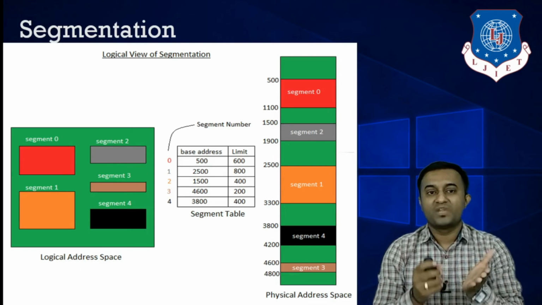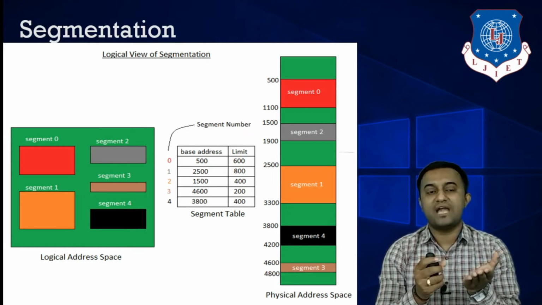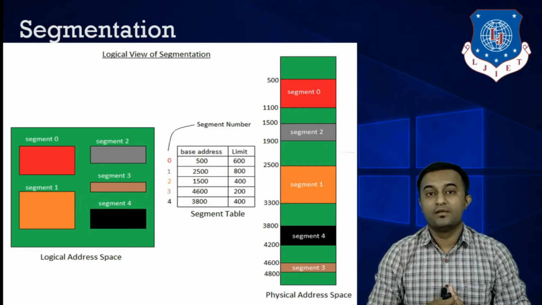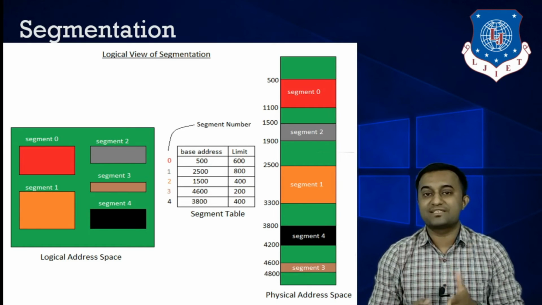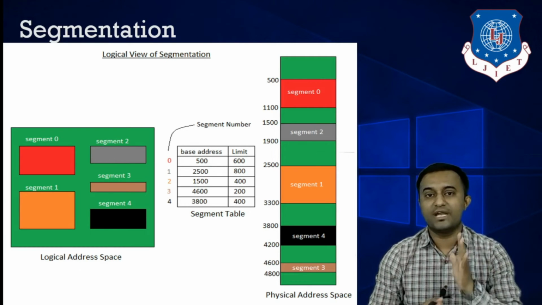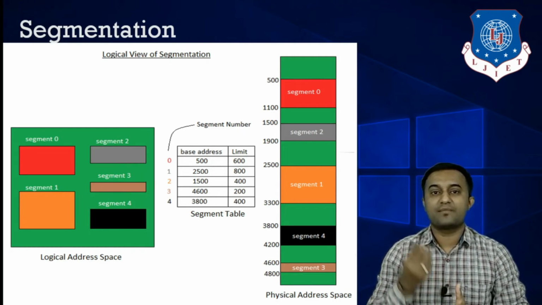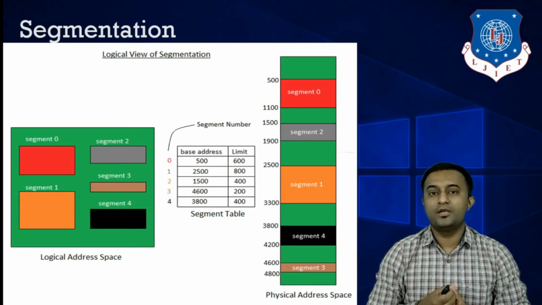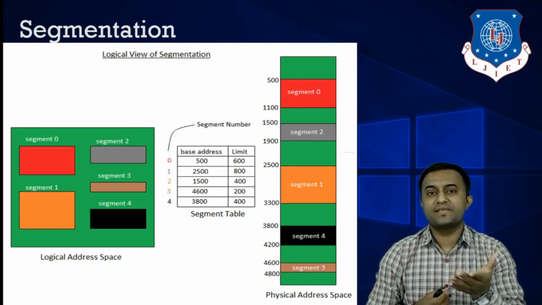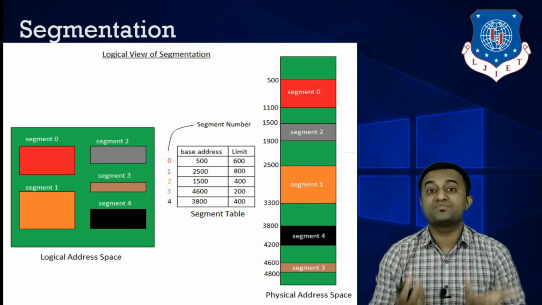Clear? So these various segments starting from 0 to 4 need to be loaded into main memory. Then these segments can be executed with the help of CPU. So first of all, you need to load those segments. Segments can be loaded into the various spaces that are available in main memory at various positions.